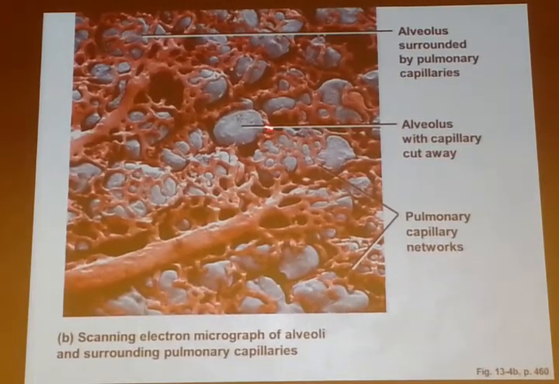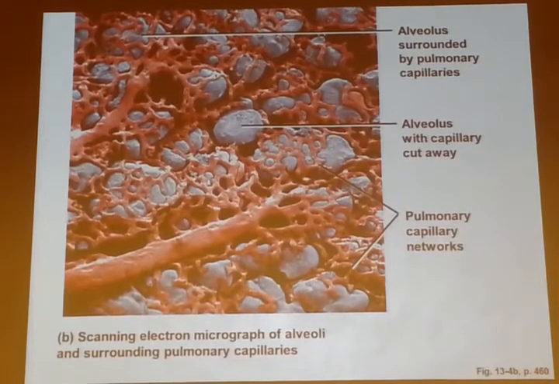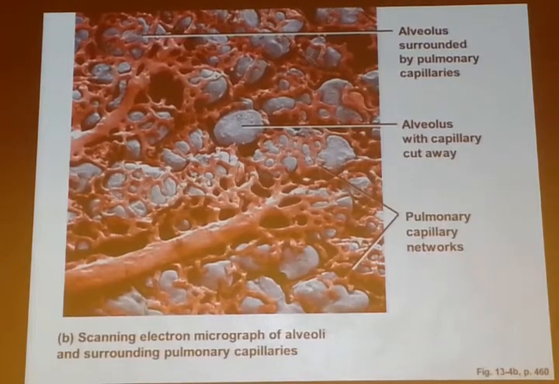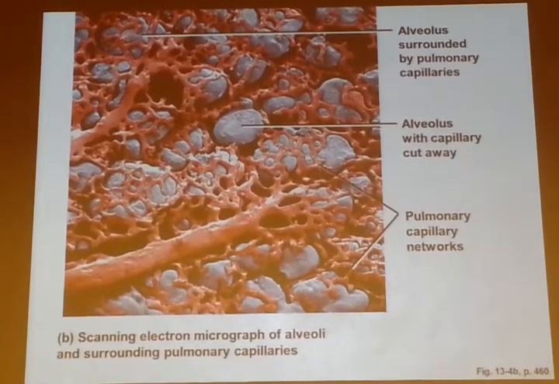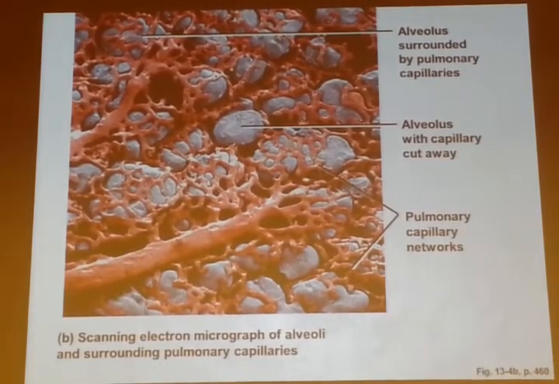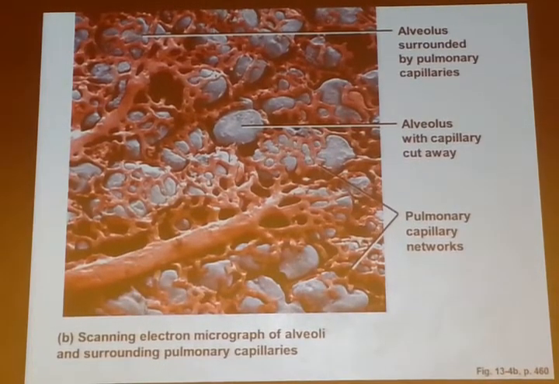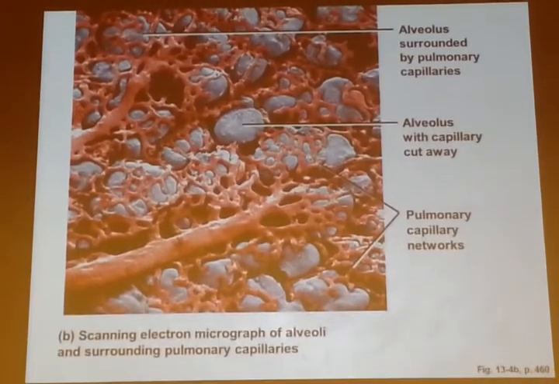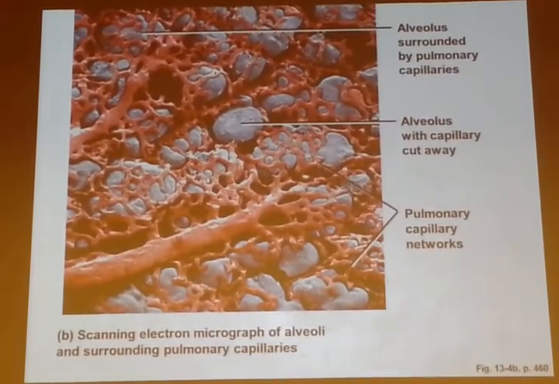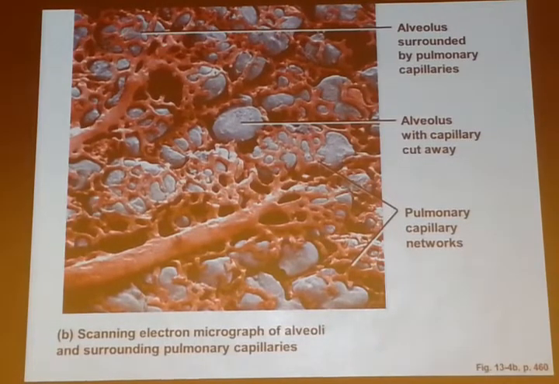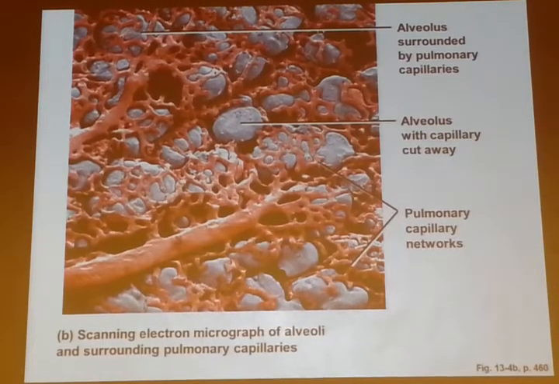If your oxygen concentration in your inhaled air is going down, then you want more time to get those few oxygens to the red blood cell. So you slow the transit time from the beginning of the capillary to the end by constricting the precapillary sphincter.